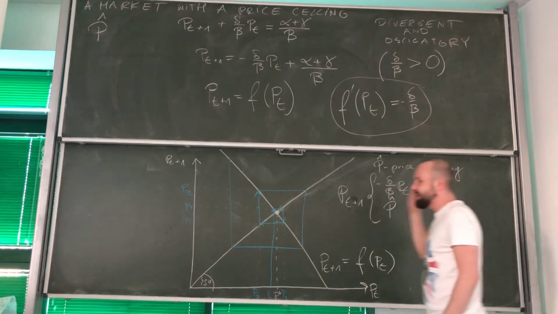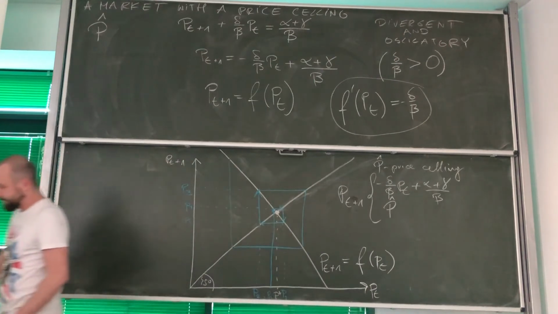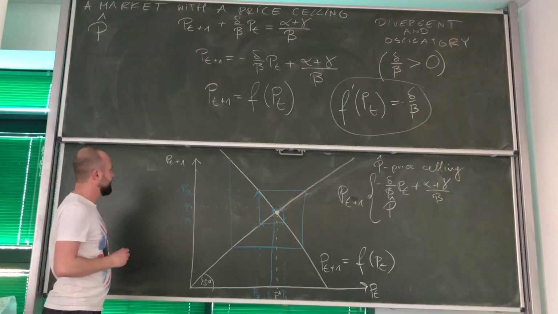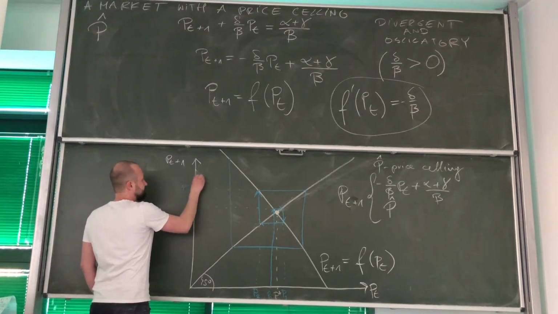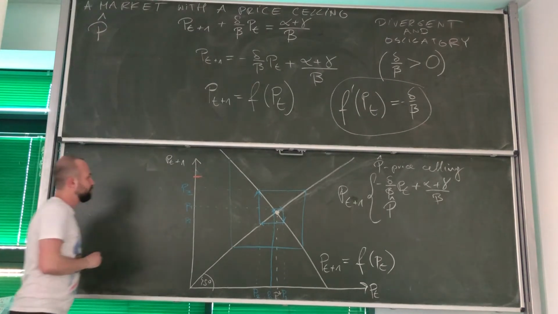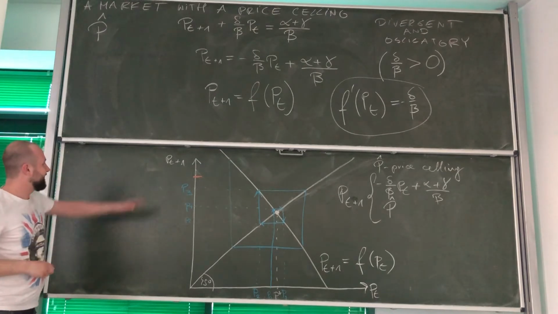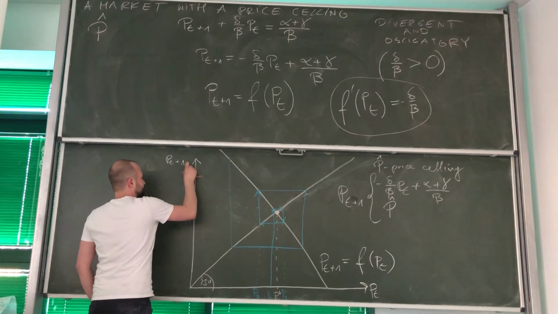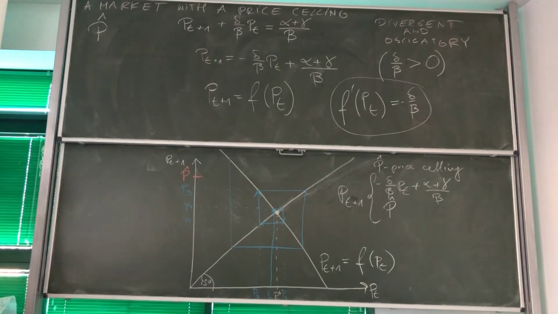Okay, and now let's think about it. How would we see it? Look, basically this means that the highest price we can have at time t plus 1 is the price set.